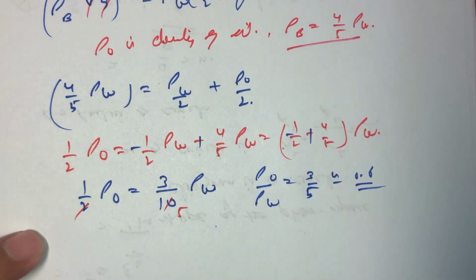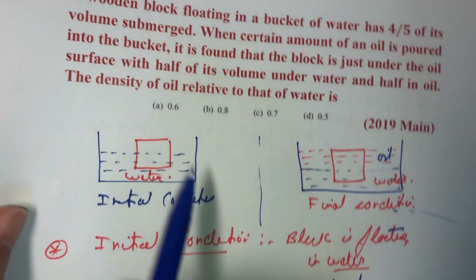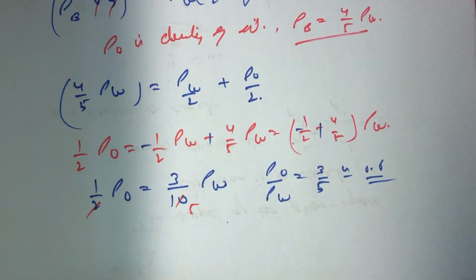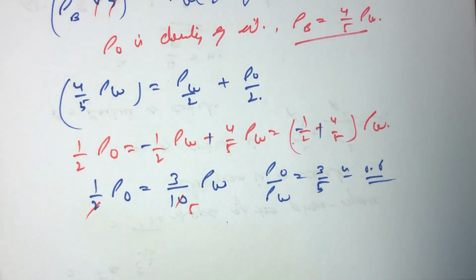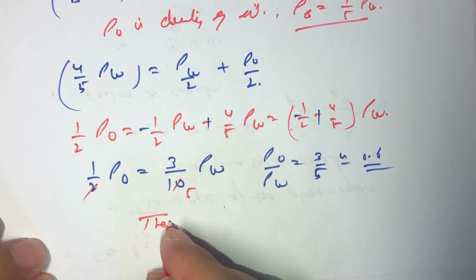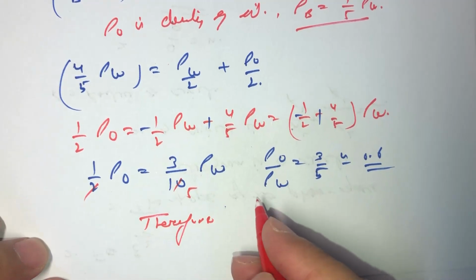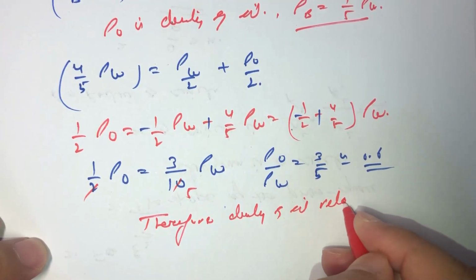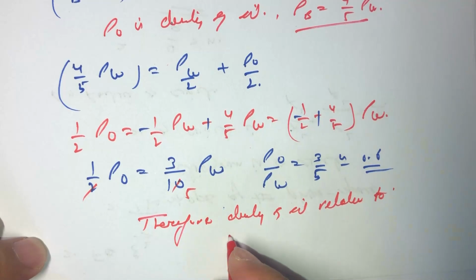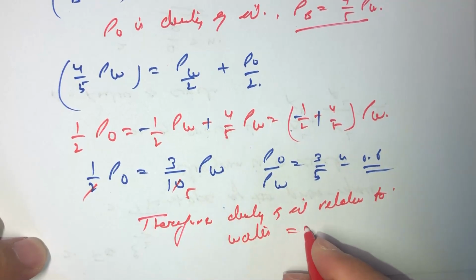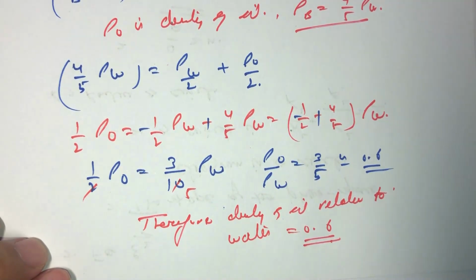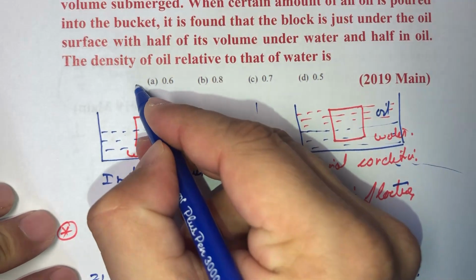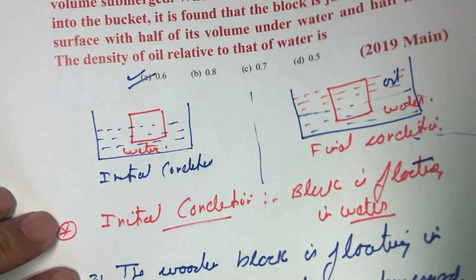And we are supposed to find the relative density of oil with water. So the density of oil relative to water is equal to 0.6, and among the options available to us, option A is the correct option.